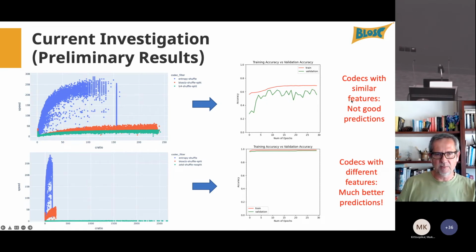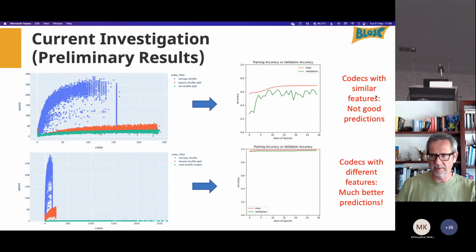But this is quite normal because in the end it doesn't matter too much which one is chosen, because they have very similar properties. So they don't have very good predictions.